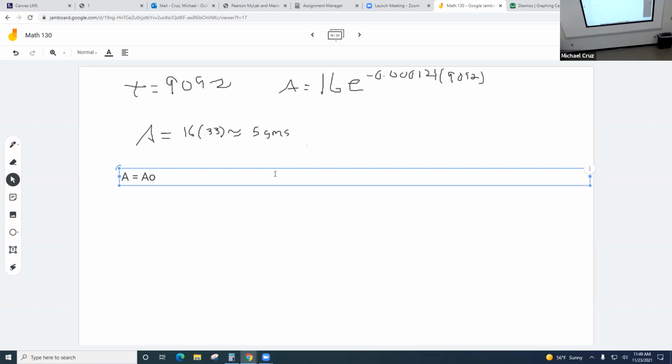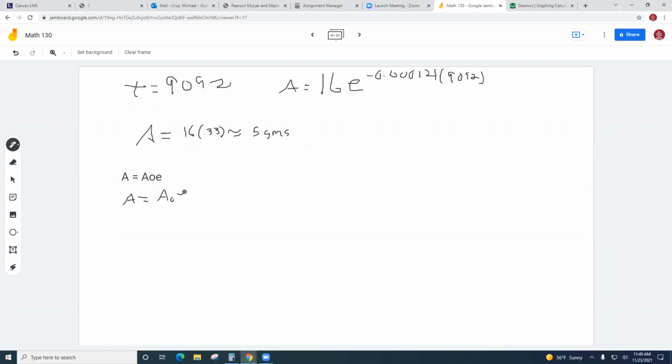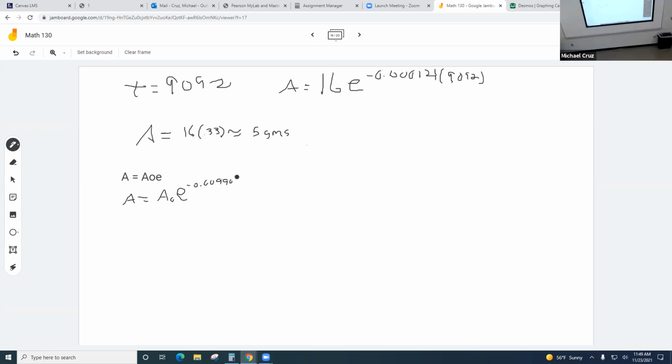No, it's not times. I'm going to write it like this because I thought I could type it. Okay, and it's e to the negative 0.00990 x.